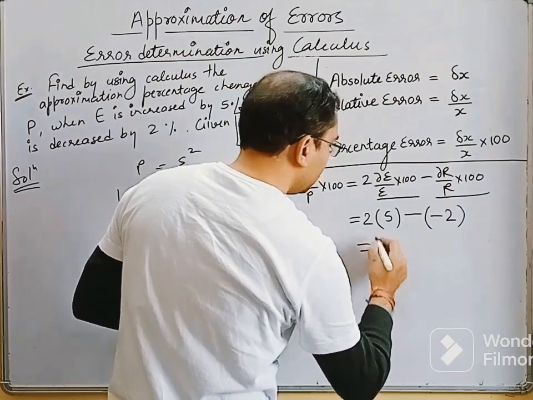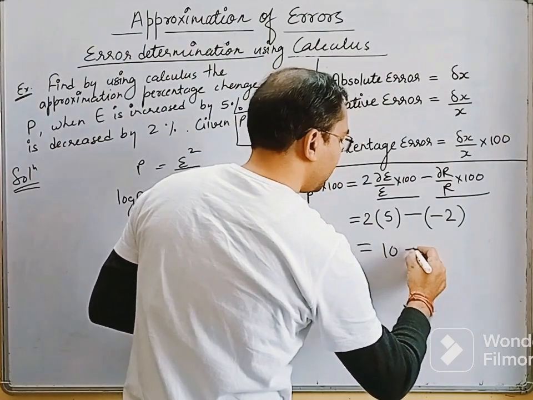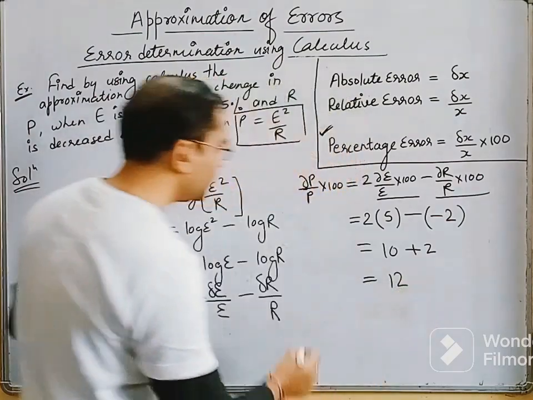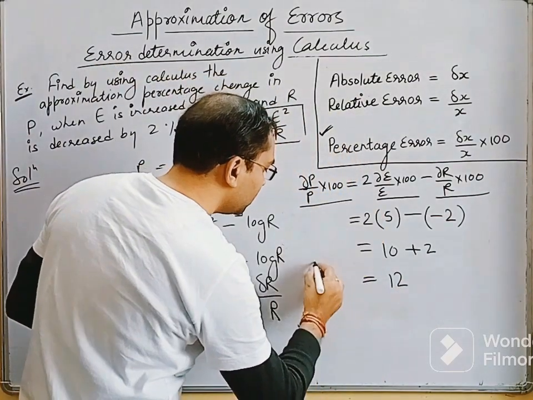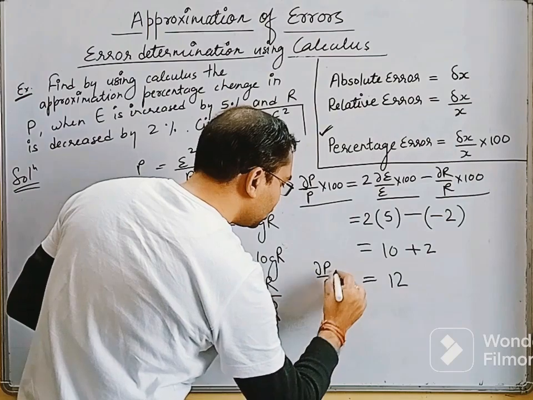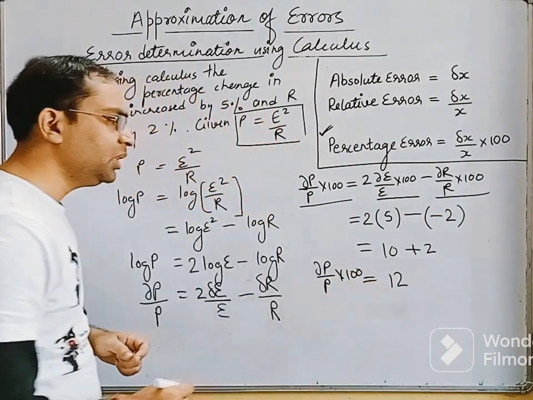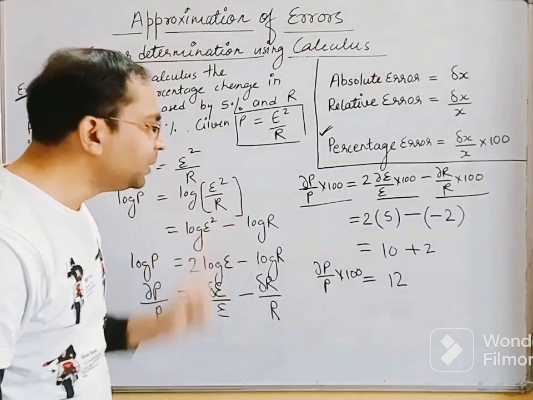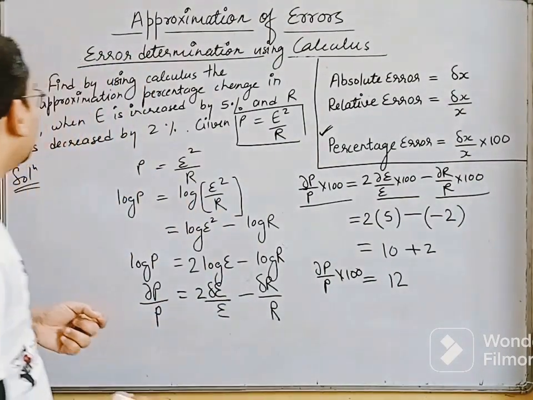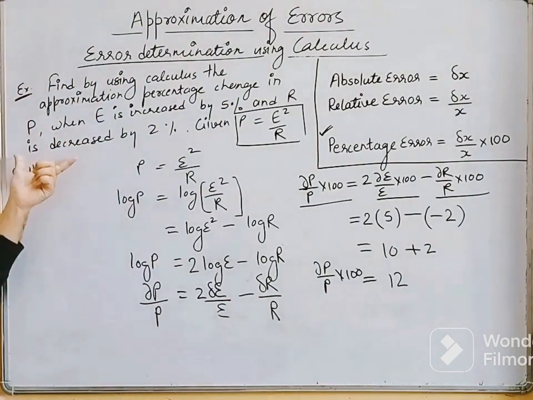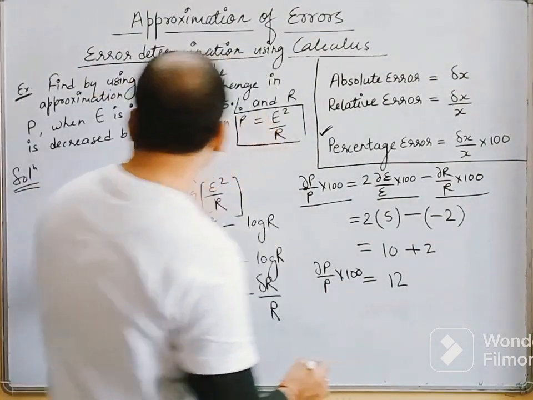So this becomes 5 into 2, that is 10, and minus times minus, which is plus 2. So this becomes 12. This is the percentage change in P. So what is the percentage change in P? This is a positive 12, which means we have a 12% increase in P when E is increased by 5% and R is decreased by 2%.